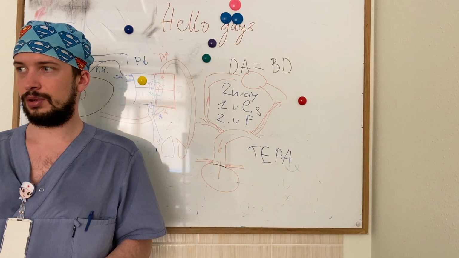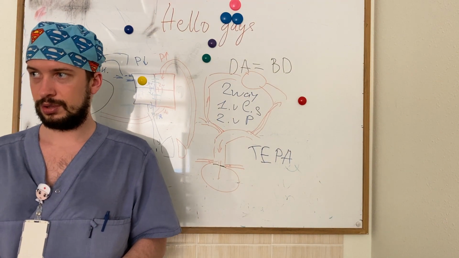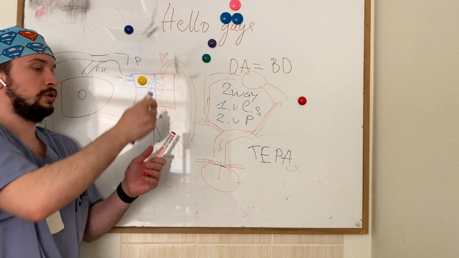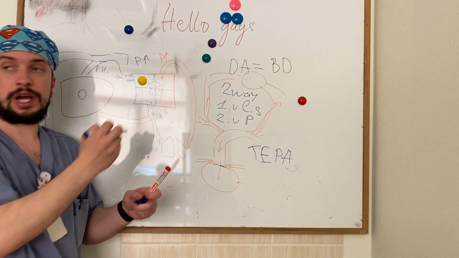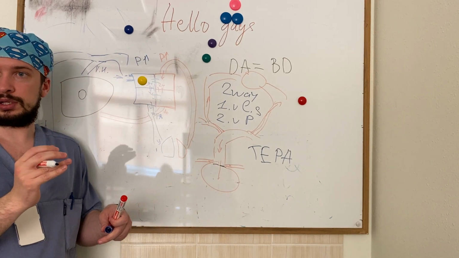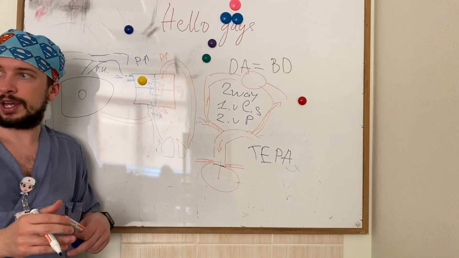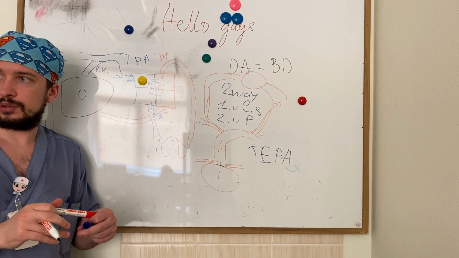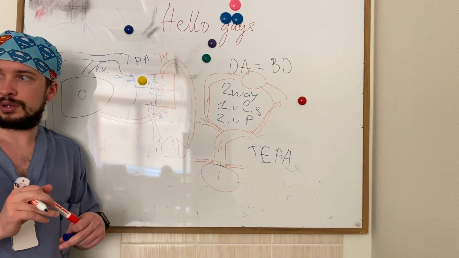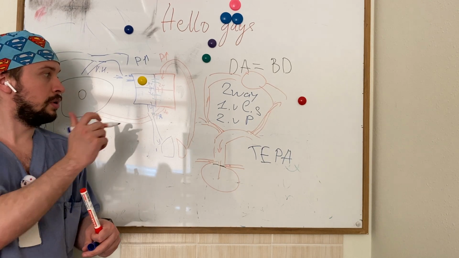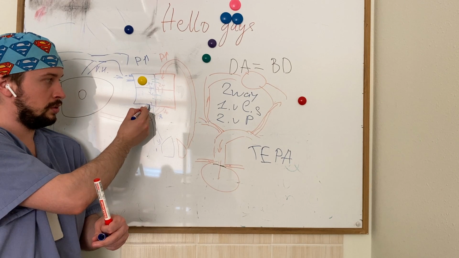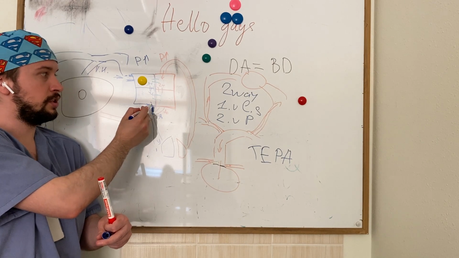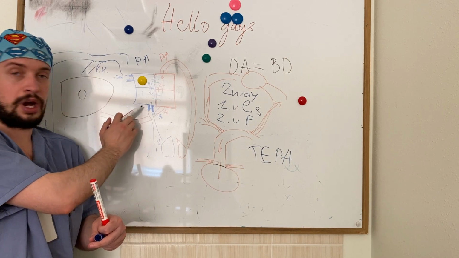When there is pathologically increased pressure in the right part of the heart. When can we have the pathologic increase of the right part? Hypertrophy, stenosis of the pulmonary artery.